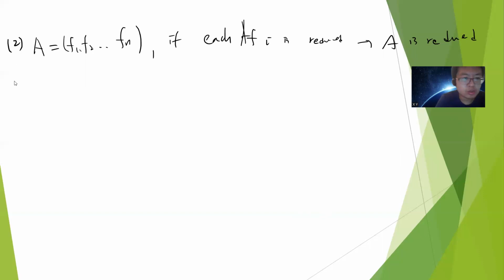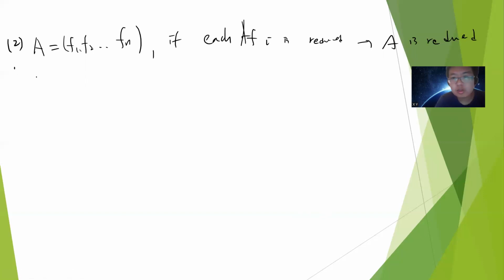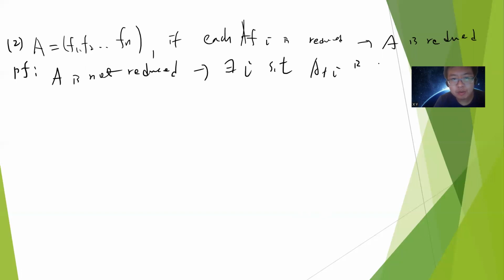So how do I play around with it? What should we do? This is the same as trying to prove that if A is not reduced, then there exists i such that A_fi is not reduced. So let's prove this sentence.